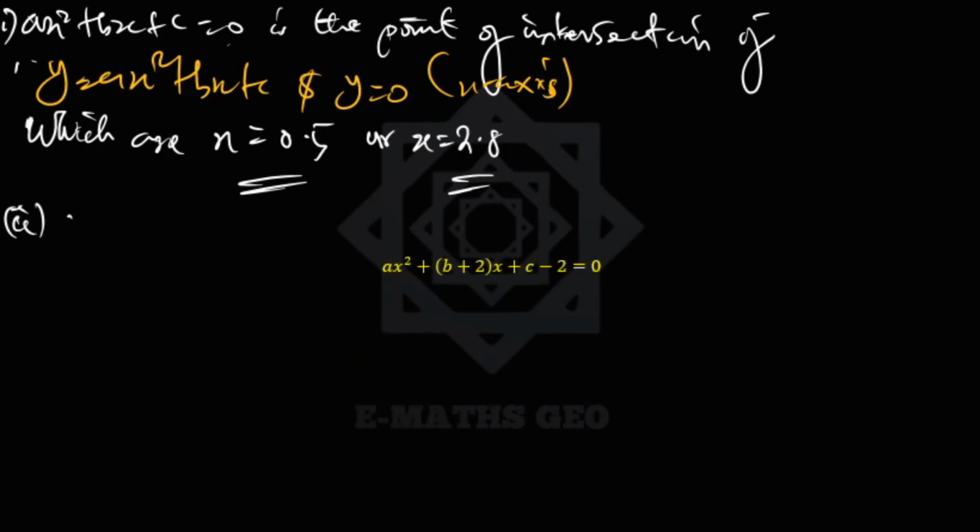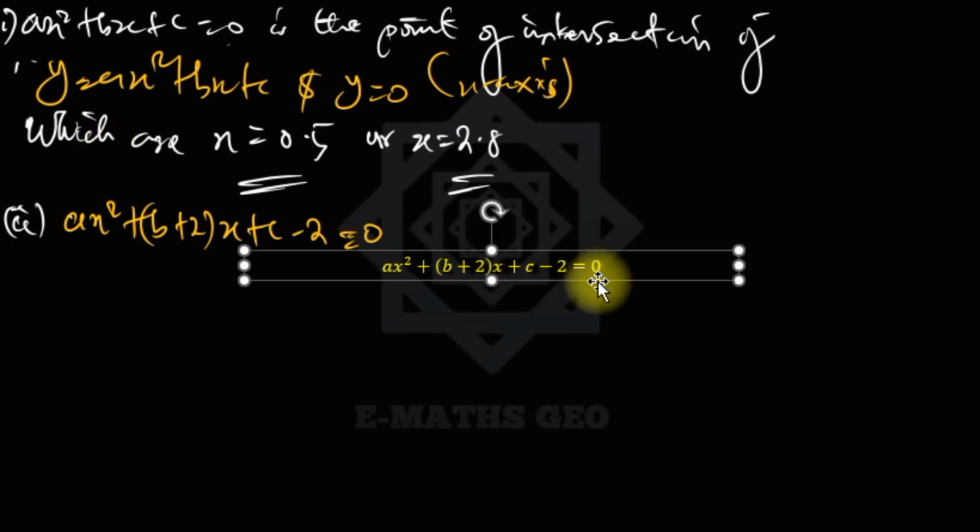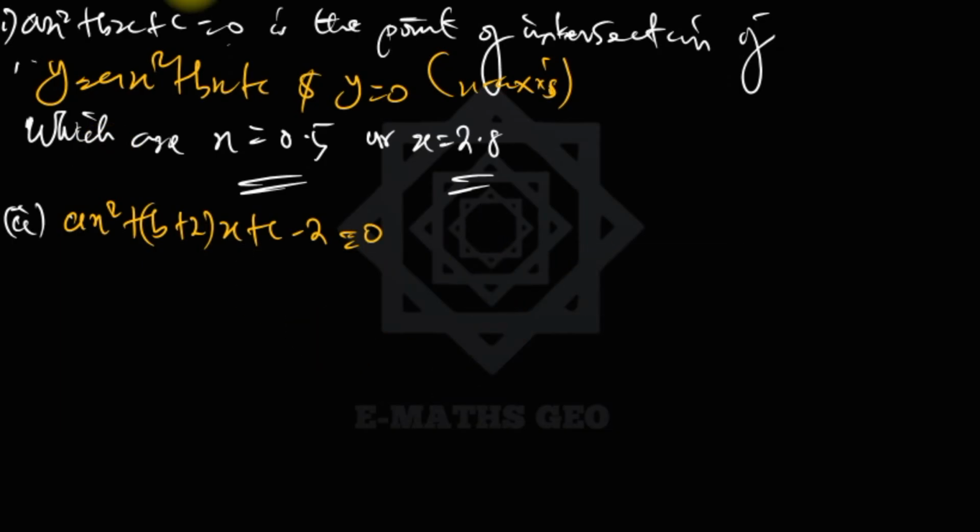So we have A. So the same way, we need to get ax squared plus bx plus c. So any other thing we get, we'll find their point of intersection.